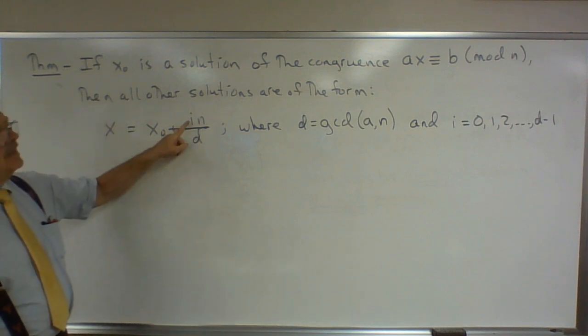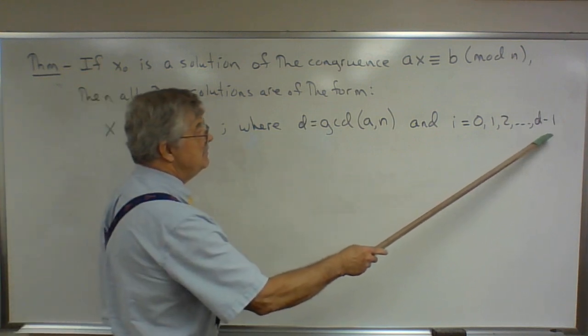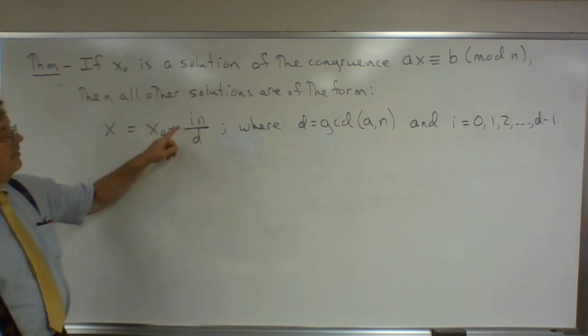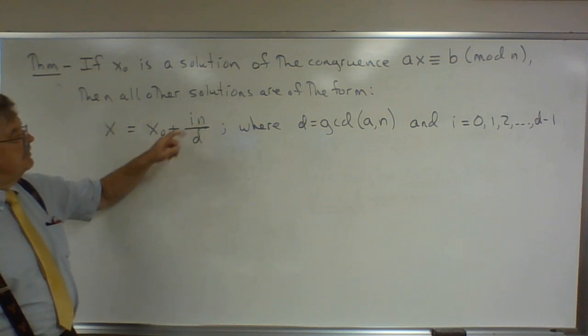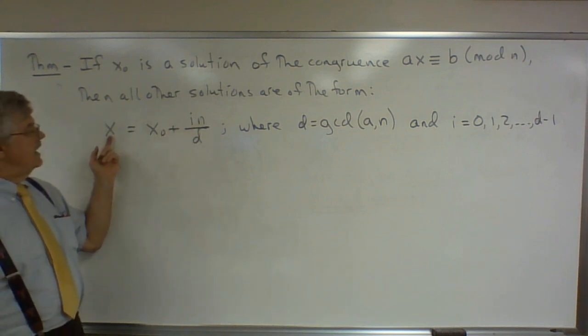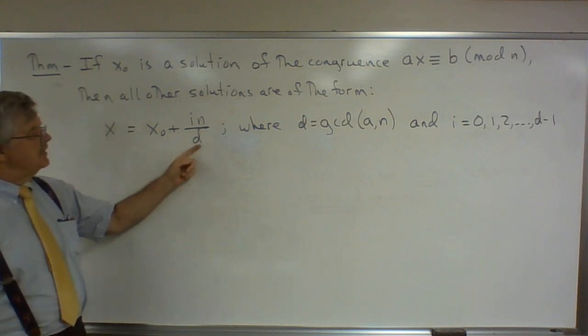If i were allowed to go all the way to d, then we would have d times n over d, which is n, and we'd have x equals x naught plus n.